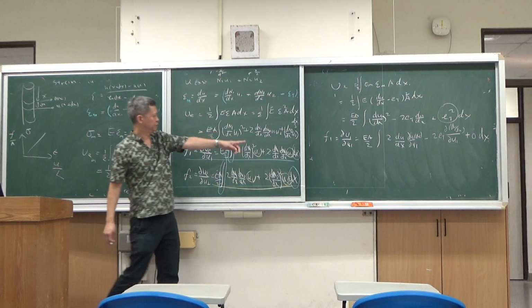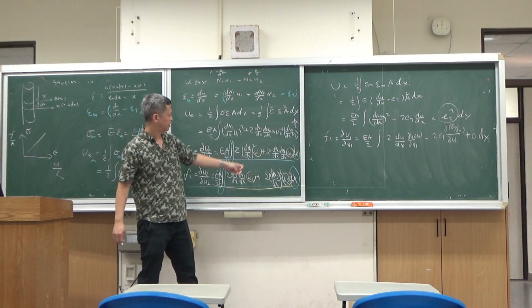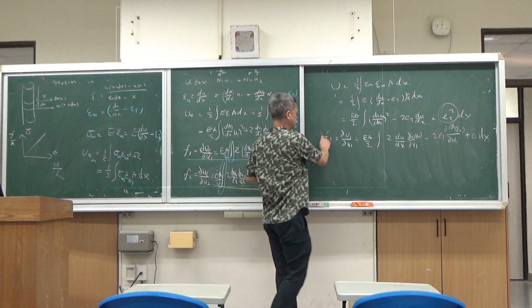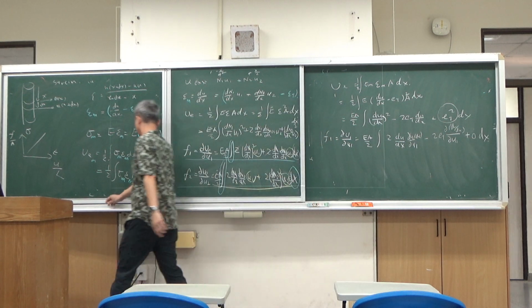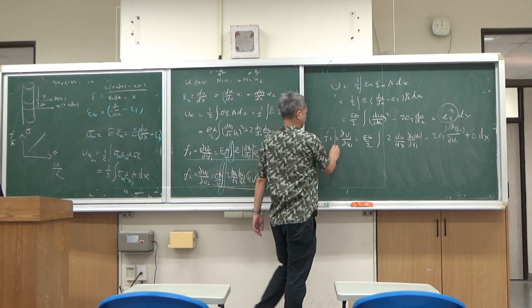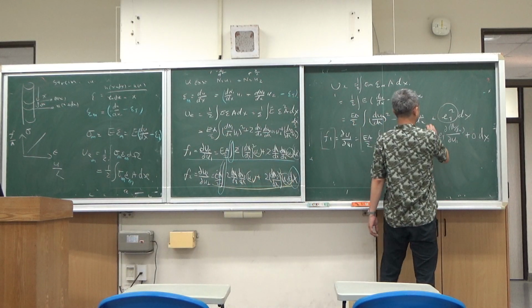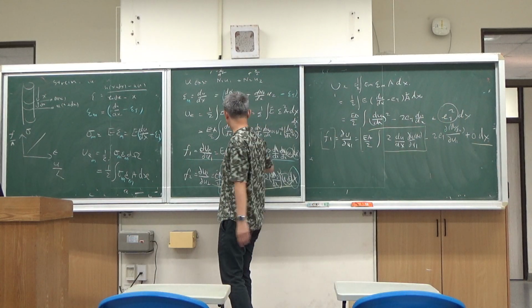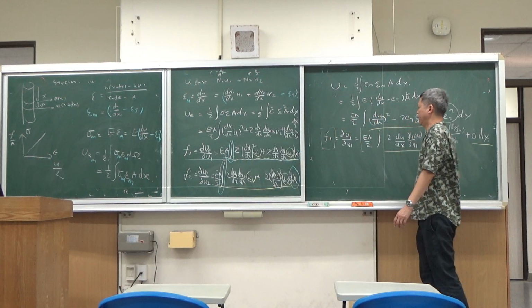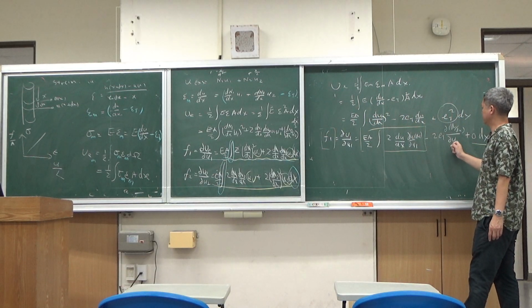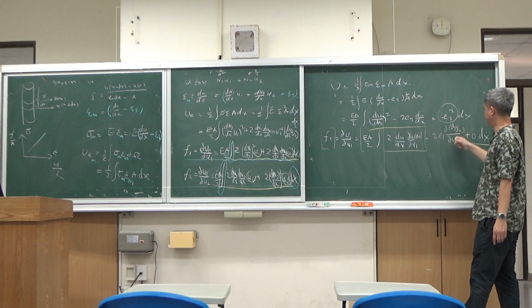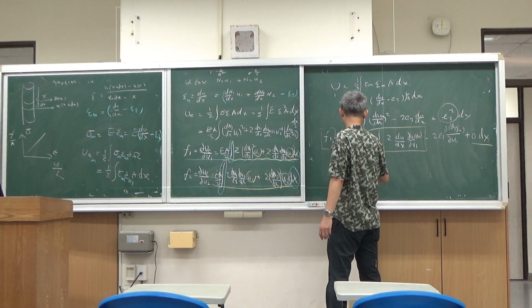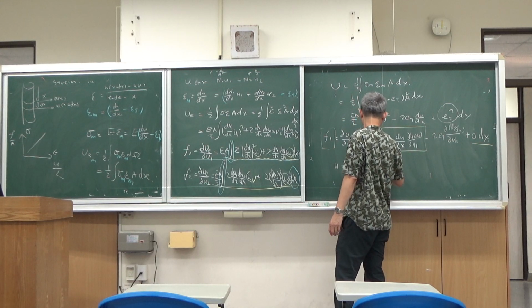So how do you do this? You see, in the expression here, the right hand side, the first term is exactly equal to my expression here. I only need to care about what is del u dx over del U. Remember your U is N1 U1 plus N2 U2.